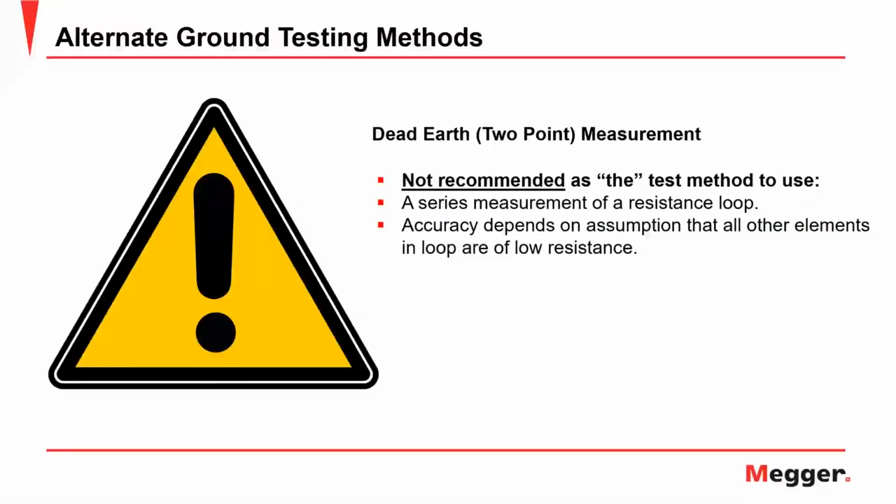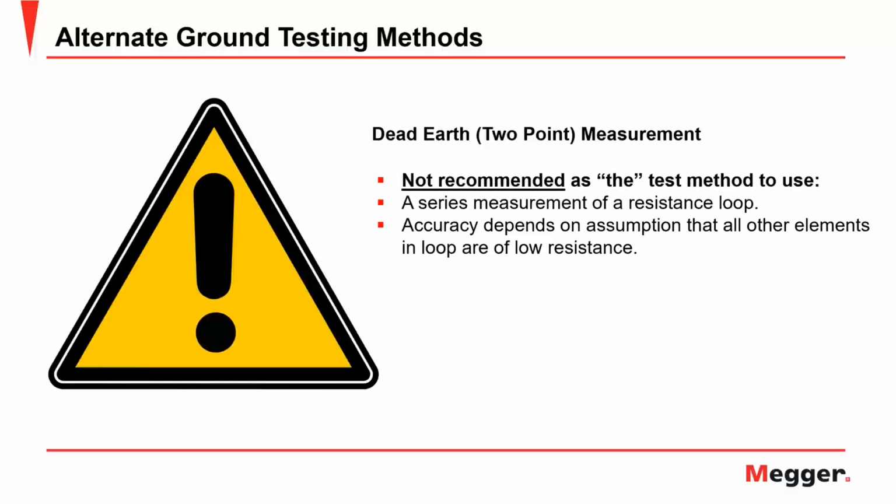So it's not recommended because it's not all that reliable. It's relying on the return, like the water pipe system, for instance, contributing very little resistance to the measurement, because what you're going to get there is a loop resistance of everything in that loop, which includes your lead resistance and also, of course, includes the resistance of the water pipe system or whatever else you hook to.